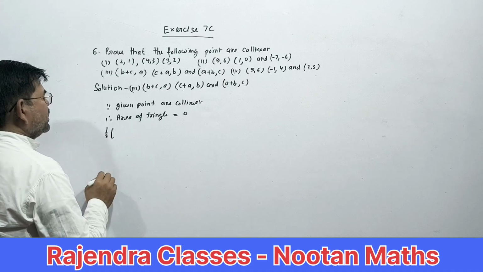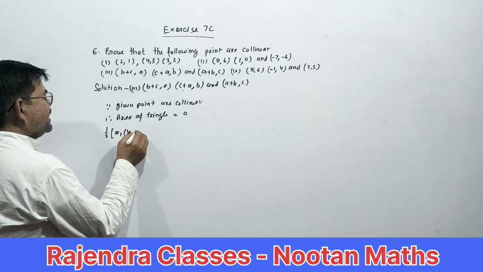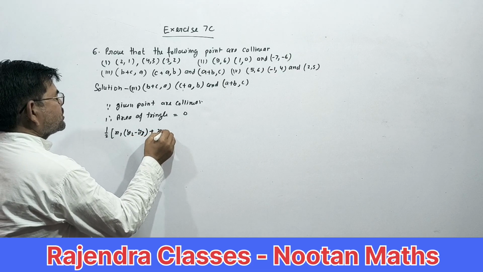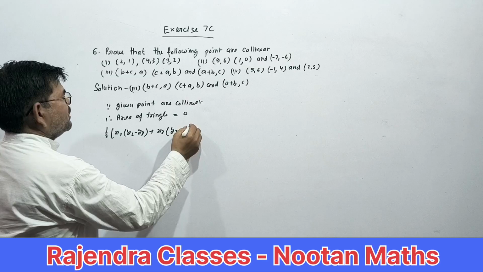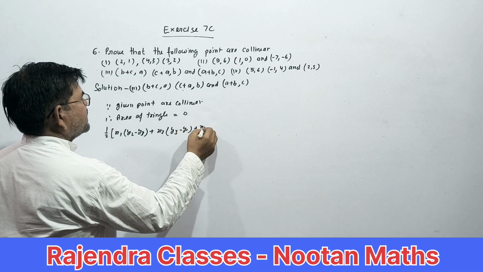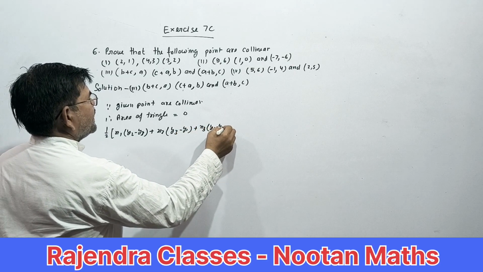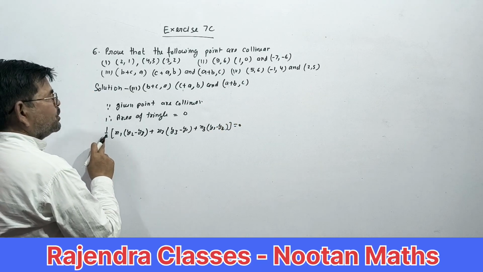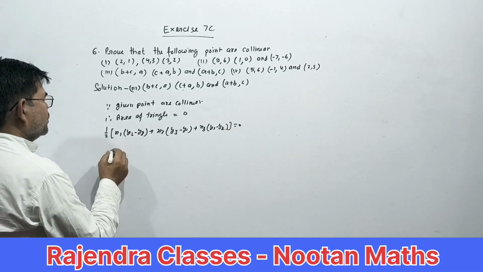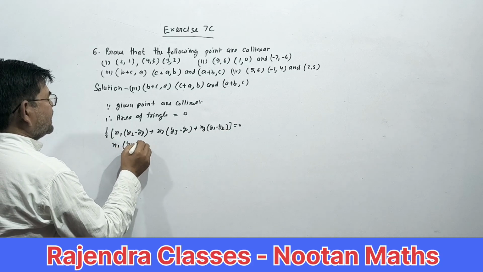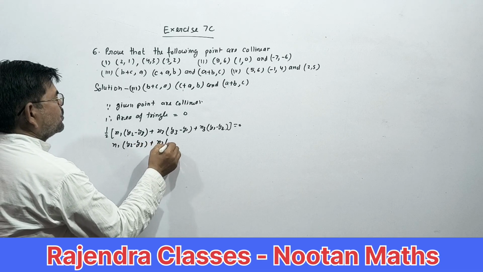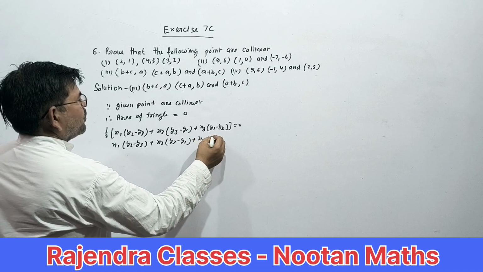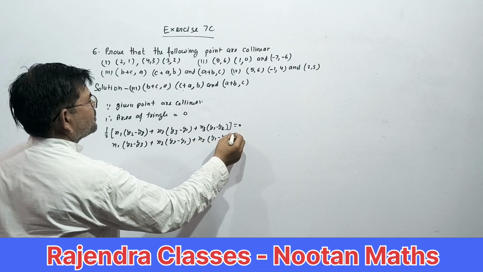Area of triangle 1 upon 2 x1 (y2 minus y3) plus x2 (y3 minus y1) plus x3 (y1 minus y2) is equal to 0. 1 upon 2 we cross multiply, find 0. So x1 (y2 minus y3) plus x2 (y3 minus y1) plus x3 (y1 minus y2) is equal to 0.